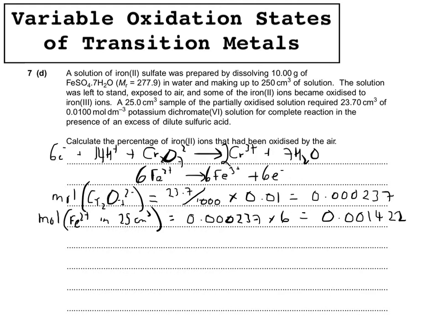And then it tells us at the beginning of the question that this iron 2+ solution was made up in 250 cm³. So to work out how many moles of iron 2+ there were in 250 cm³, we have to multiply this by 10.